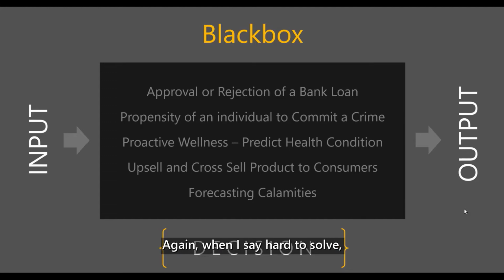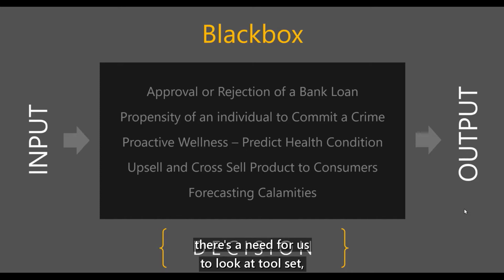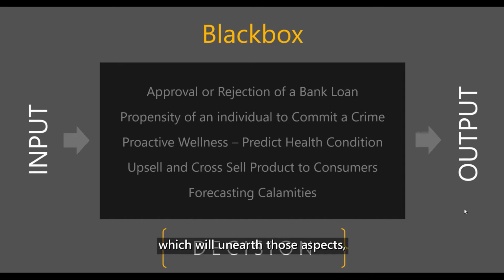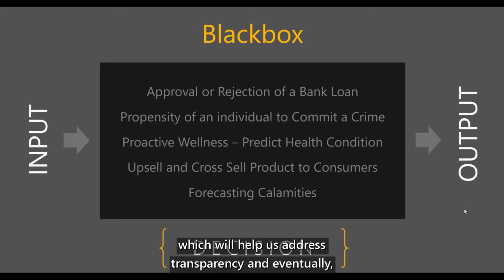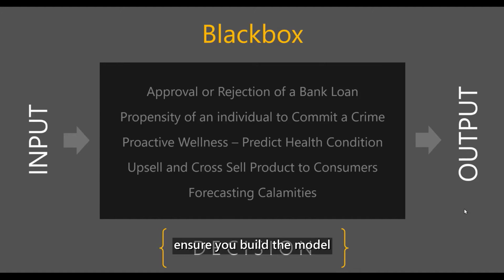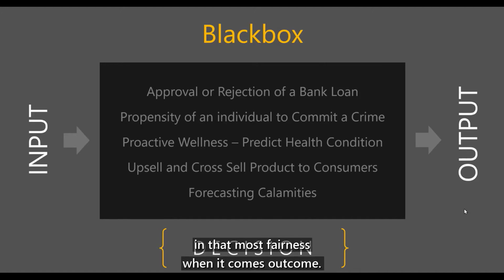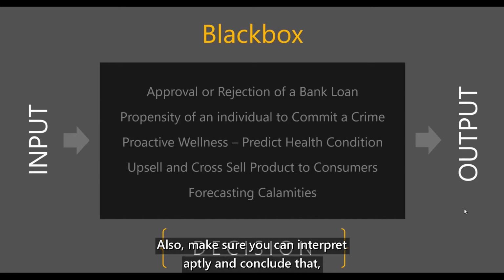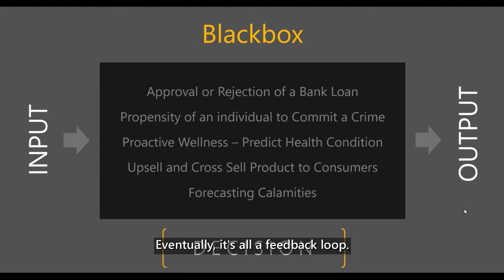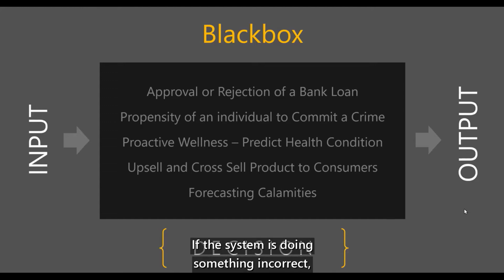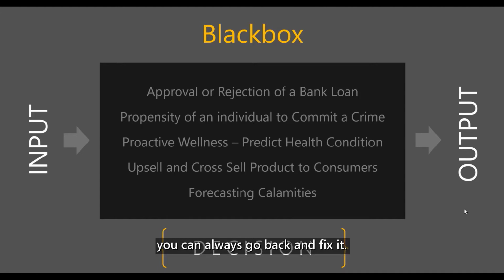And when I say hard to solve, they're not impossible to solve. This is where there's a need for a toolset which will unearth those aspects, help us address transparency, and eventually ensure you build the model with utmost fairness when it comes to outcome, and also make sure you can interpret aptly and conclude whether decisions made by the system are right or wrong. Eventually, it's all a feedback loop. If the system is doing something incorrect, you can always go back and fix it.